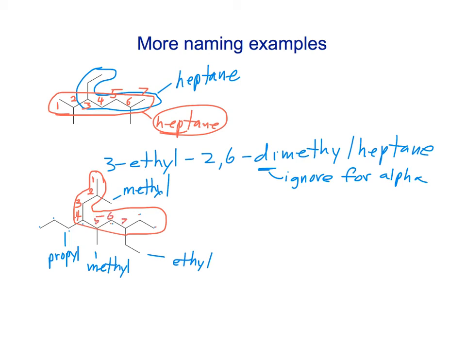6, 7, 8, 9. Okay, we're going to list our ethyl group first. 7-ethyl. All right, and then methyl. So we have 2,5-dimethyl.